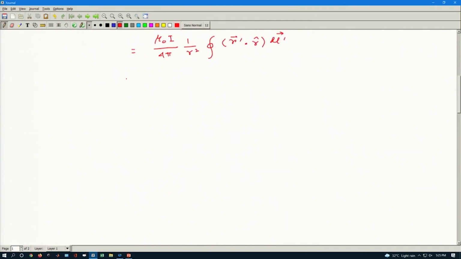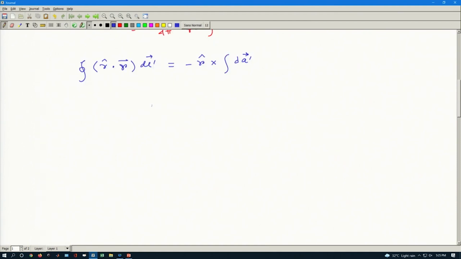But after that we did one thing, and that is this quantity, dot r, we can write it as r cross integration da prime, where this integration of da prime was half of the integration of r cross dl.